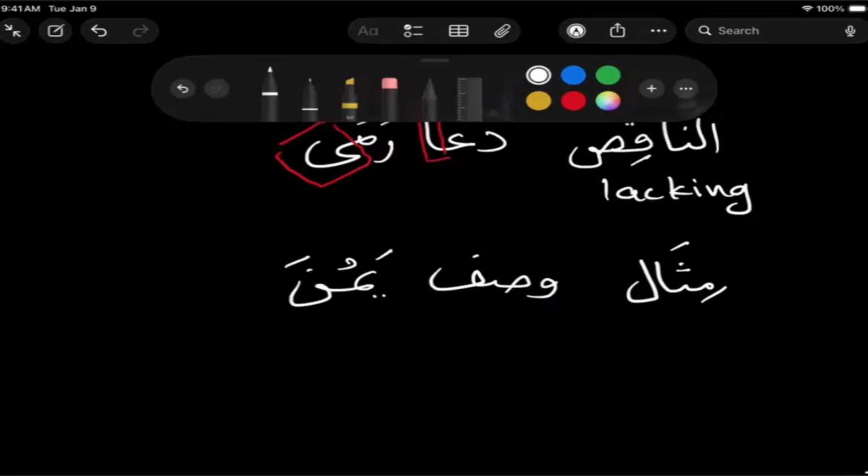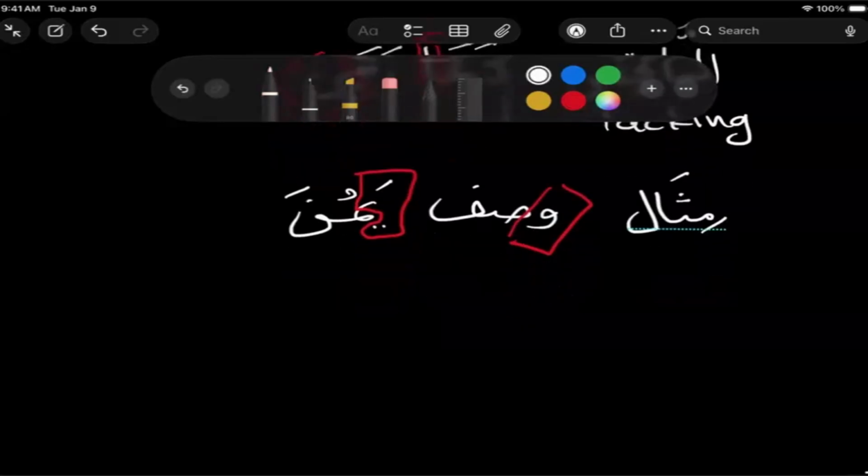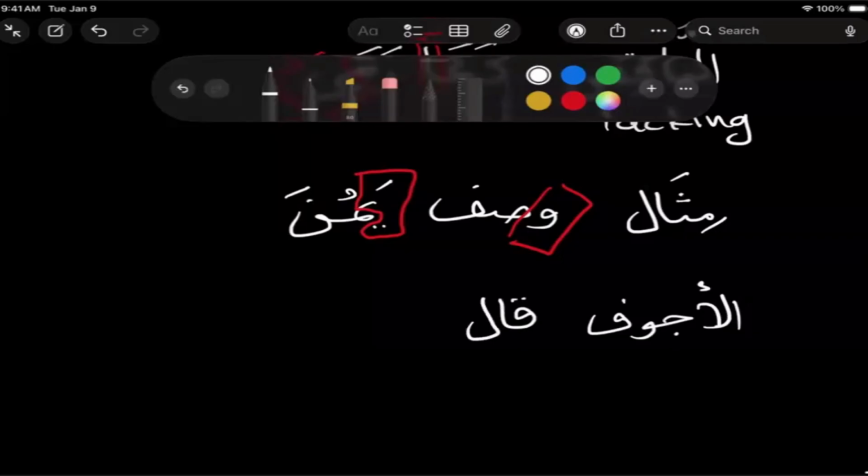Here, the unstable letter is the first one. And we finish the ajwaf, like qala and ba'a, meaning here the unstable letter is the middle one.